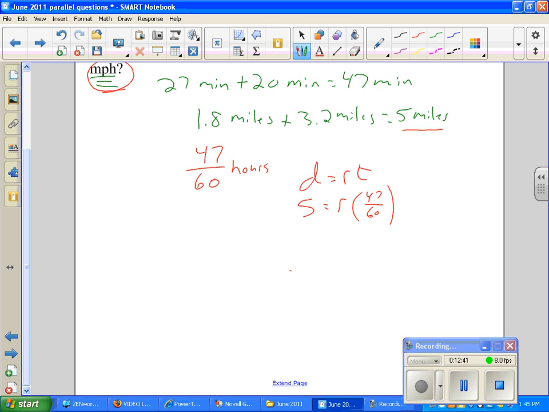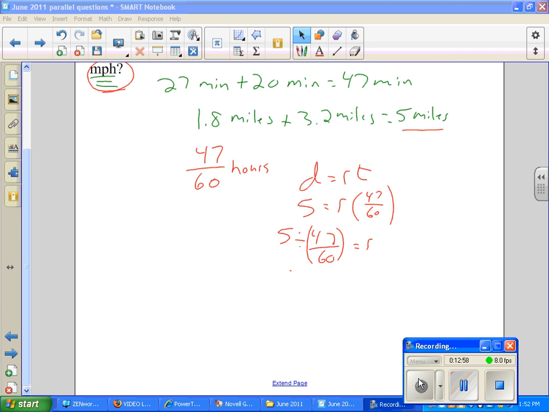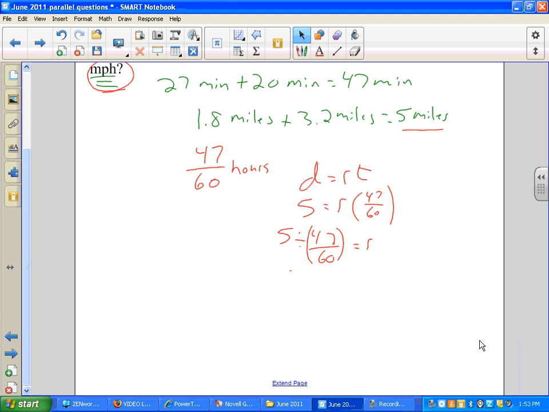Now you can do 5 divided by 47 over 60 equals the rate. So you can divide both sides, 5 divided by 47 over 60, but that isn't how we divide fractions.